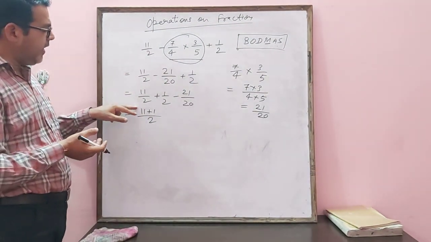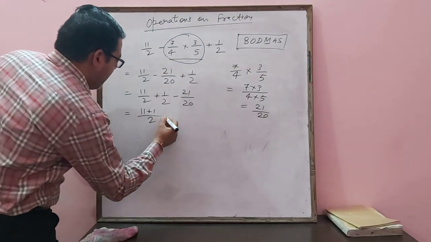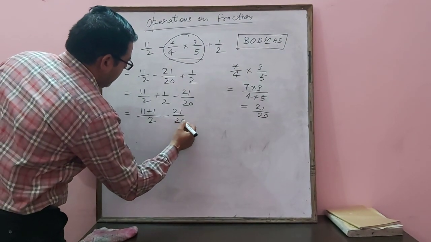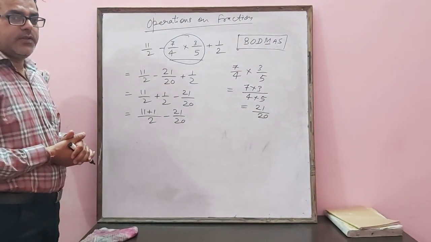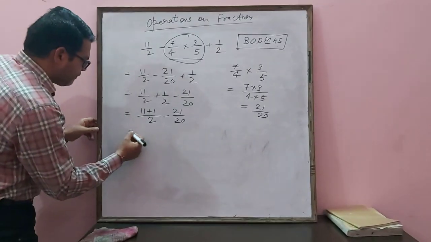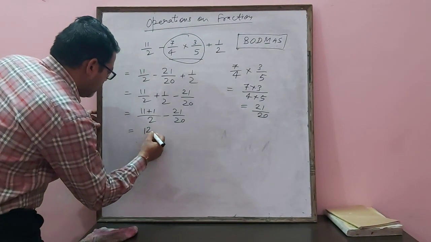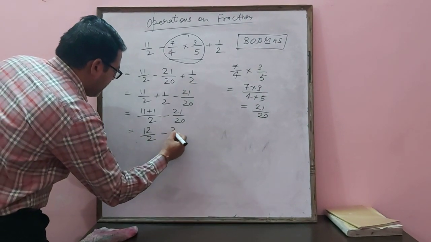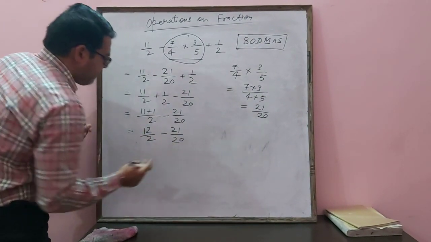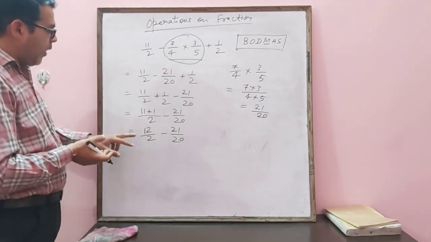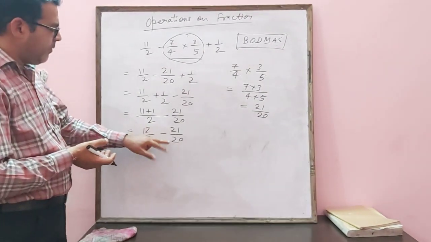So we write 11 plus 1 by 2 and minus 21 by 20 as it is. Now 11 plus 1 is 12. 12 by 2 we write here, 12 by 2 minus 21 by 20.